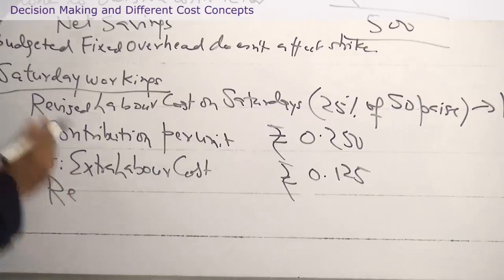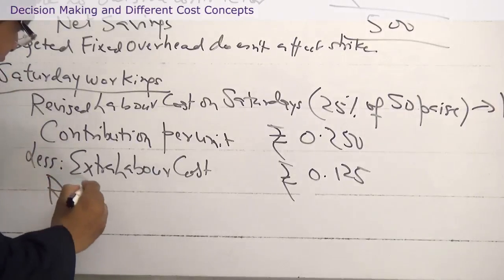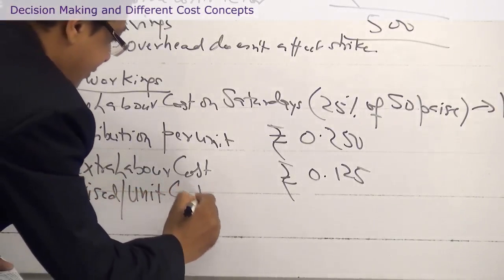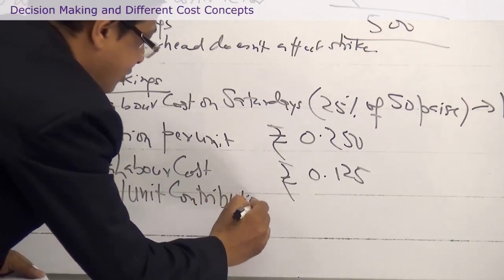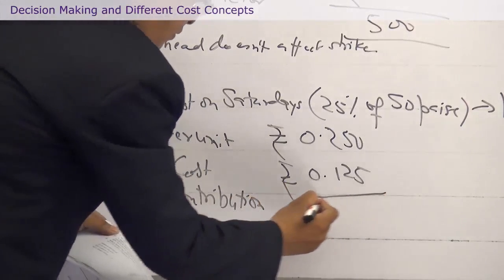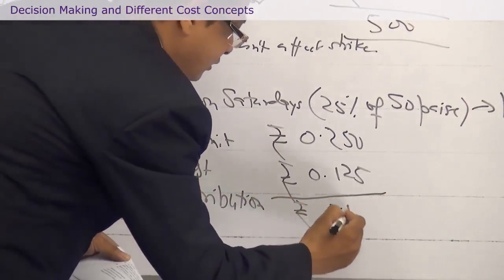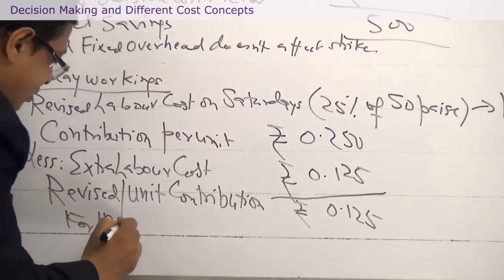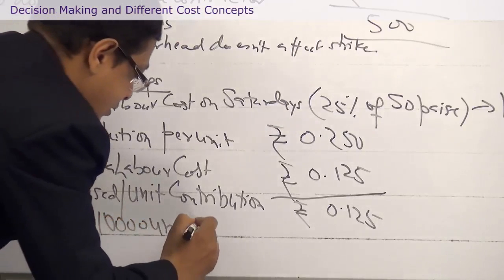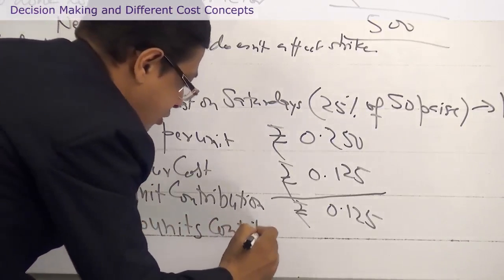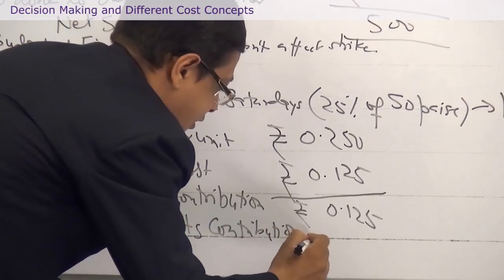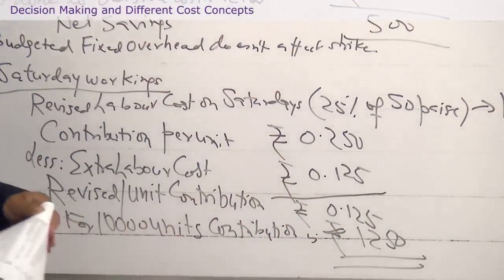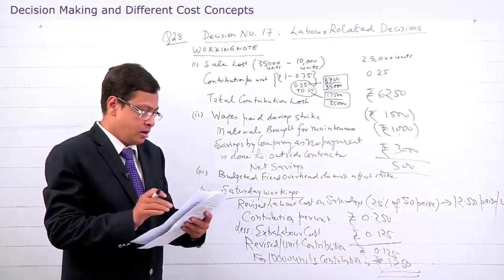So the revised per unit contribution will be rupees 0.125 for 10,000 units. Contribution is rupees 1250, right?